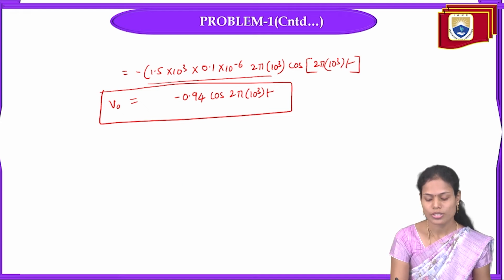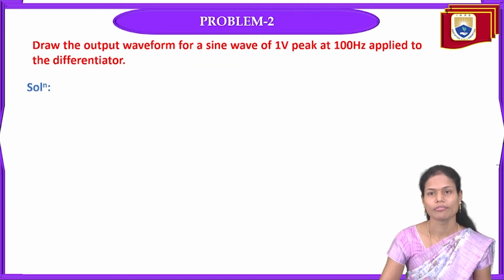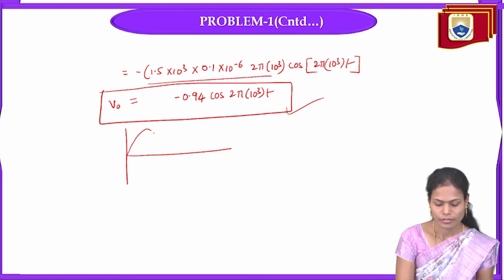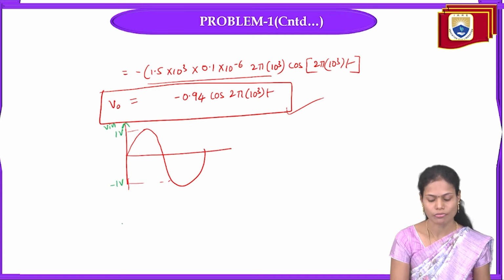So by using this output voltage, we can draw the input and output waveforms. So the input waveform here it is. This is the input signal Vin with the maximum voltage 1 volt and the minimum voltage minus 1 volt.